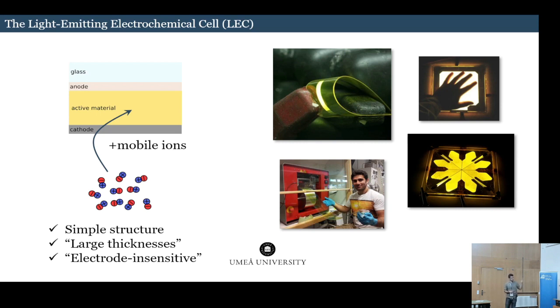And also, they are relatively insensitive to electrode choice. We don't need to match the work functions, and I'm going to show you in a second why. And this means that we can use air-stable electrodes, and then all these three combinations potentially can lower the fabrication costs, and this is where the LEC has a certain advantage with respect to the OLED. It has other disadvantages, but I'm not here to talk about them today.